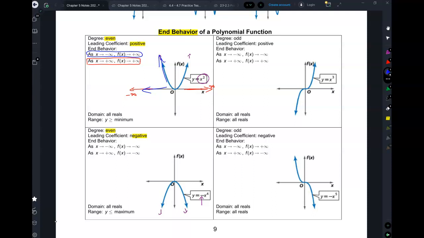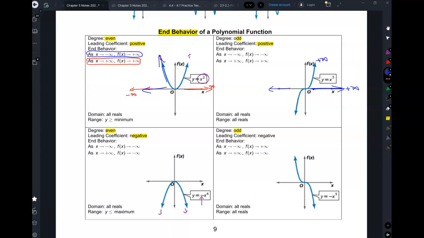Okay. So when the degree is odd, both ends don't face the same direction. They will face opposite directions. So when you have a positive coefficient, to the right, as you go to positive infinity, where will the graph go? Positive infinity.